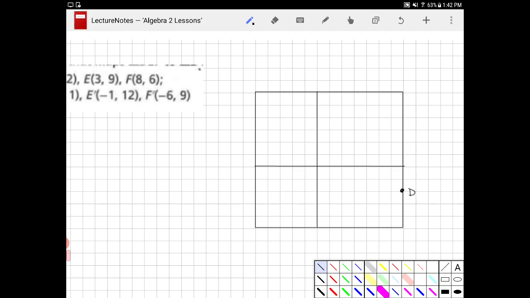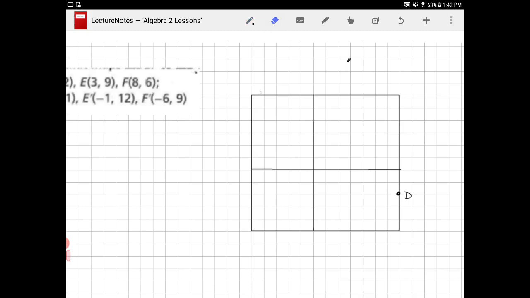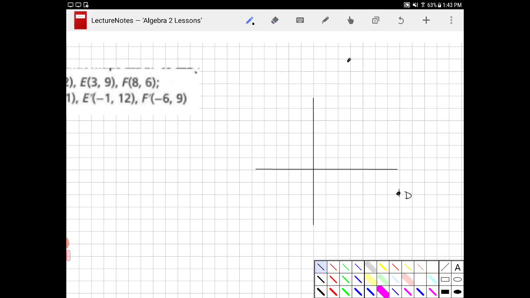So that's D. E is 3 comma 9. 3, 2, 4, 6, 8, 9 is right there. I want to get rid of this box. Okay, so that's D. E is over here, and F is 8 comma 6.